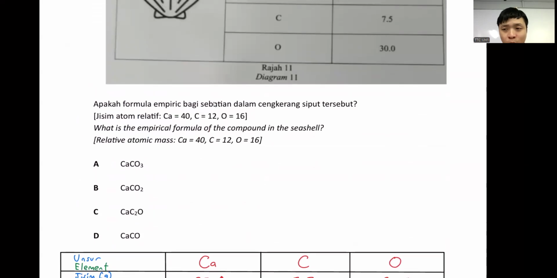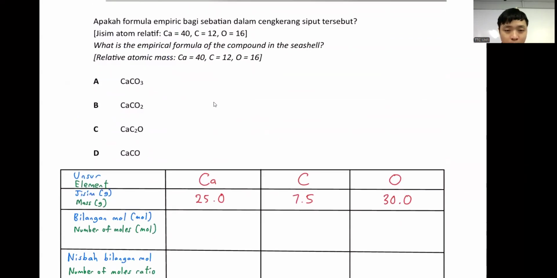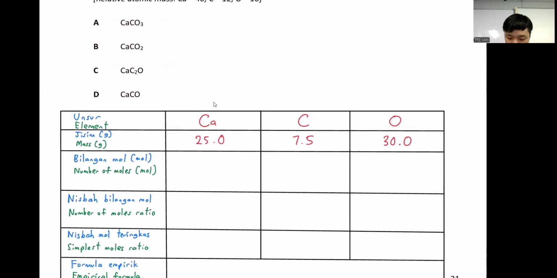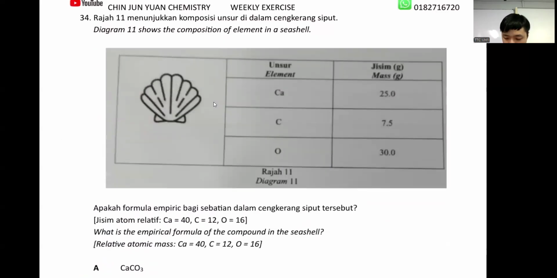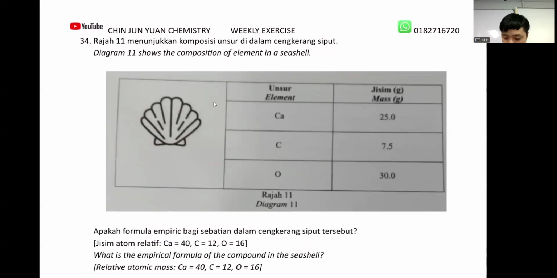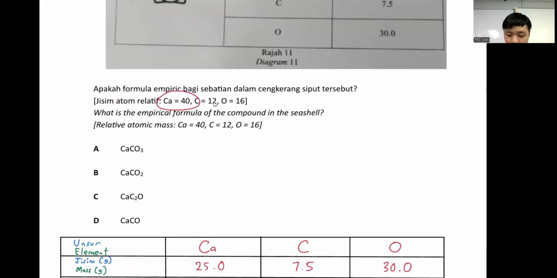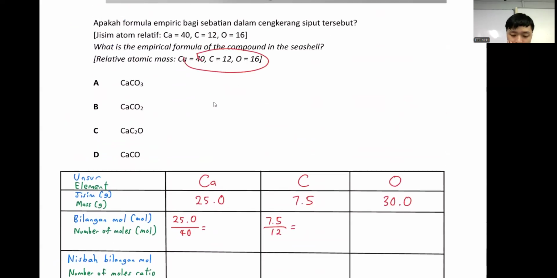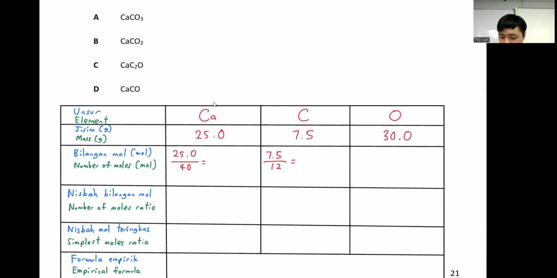Mole is mass over molar mass, so mass divided by molar mass. For 25.0, divide by the molar mass of calcium, which is 40. The carbon is 12. All written here. Oxygen is 16.